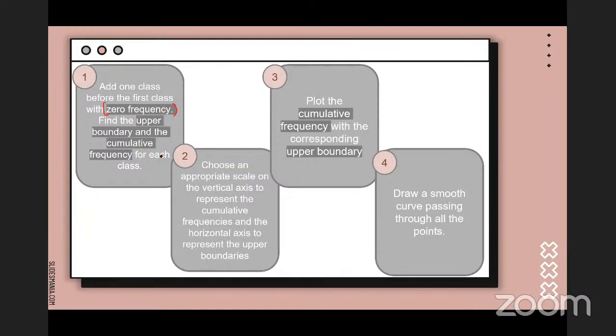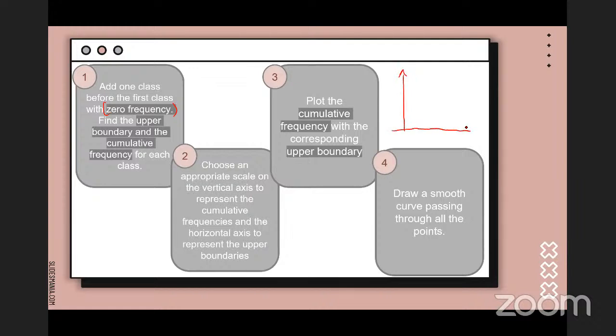So why should we find the upper boundary and the cumulative frequency? Because step 2 says to choose an appropriate scale on the vertical axis to represent the cumulative frequencies and the horizontal axis to represent the upper boundaries. What does this mean? It means that this is a graph.